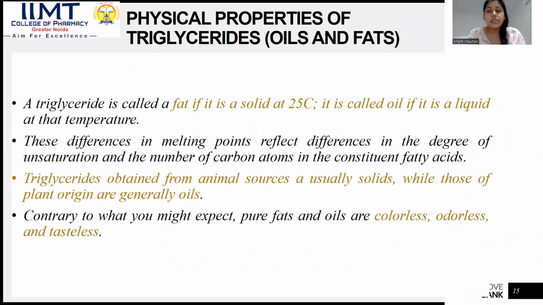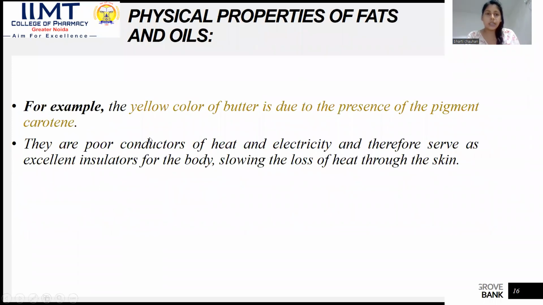Basically, the characteristic colors, odors, and flavors that we associate with some products are imparted by foreign substances that are lipid soluble and have been absorbed by them. Right. So, this is about the characteristic. For example, the yellow color of butter is due to the presence of a pigment, carotene.